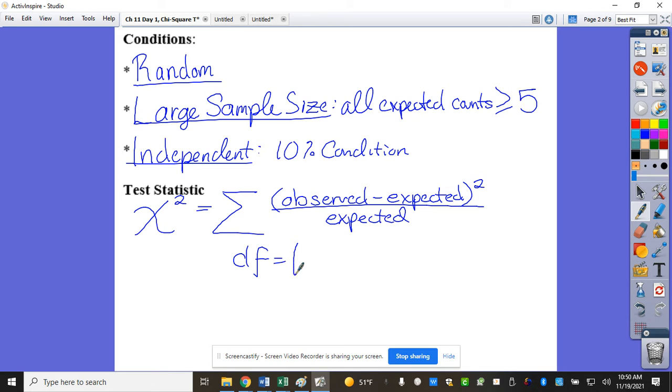So degrees of freedom is number of rows minus 1 times number of columns minus 1. So basically take off a row and take off a column, and then however many cells are left is our degrees of freedom.